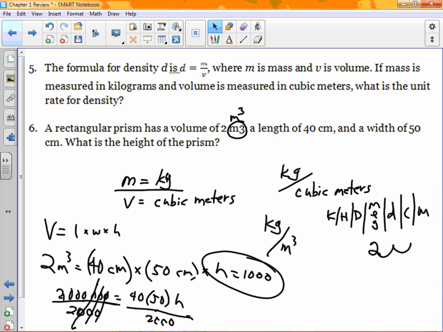But when I'm doing cubic meters, I have to move the decimal 3 times. So 2 cubic meters is 2 million cubic centimeters. Every time I move it, I don't move the decimal 1 place now. I move the decimal 3 places.